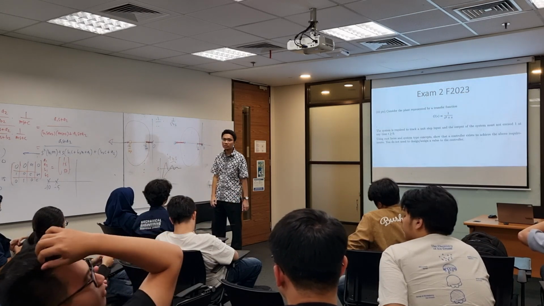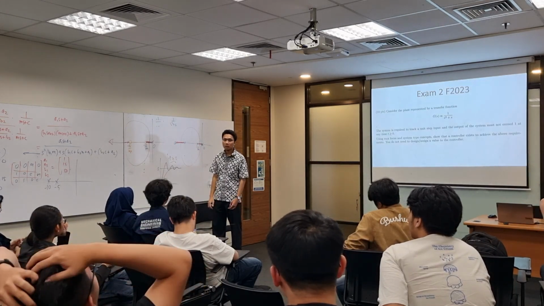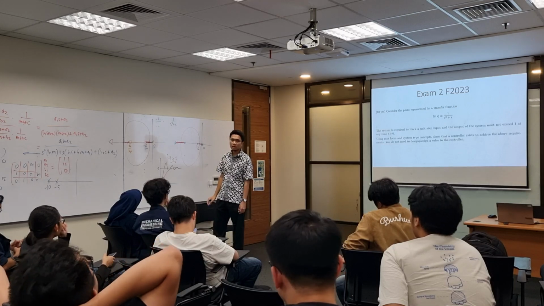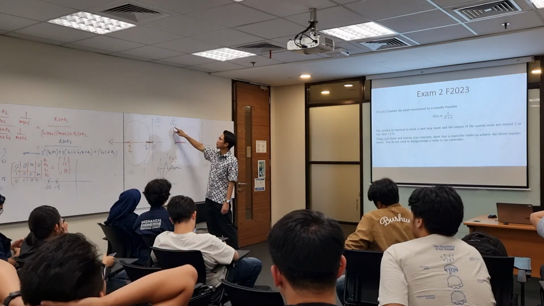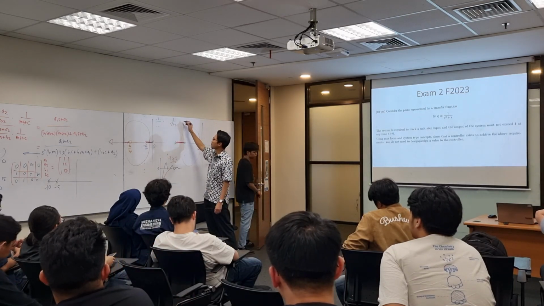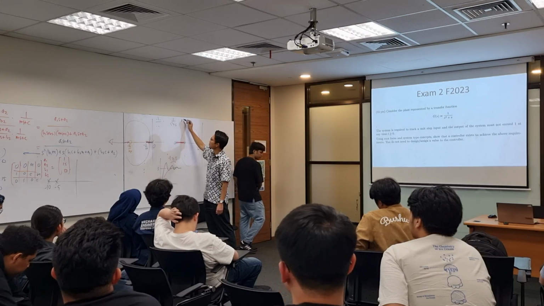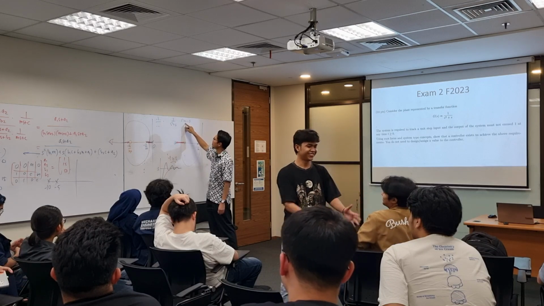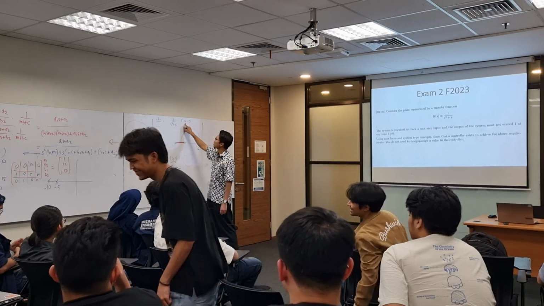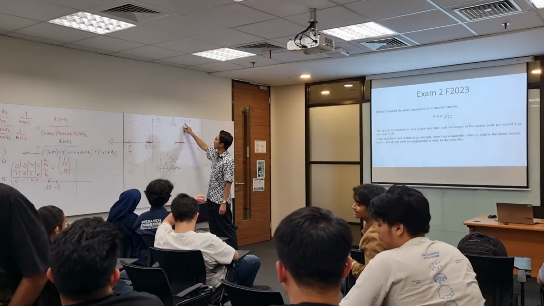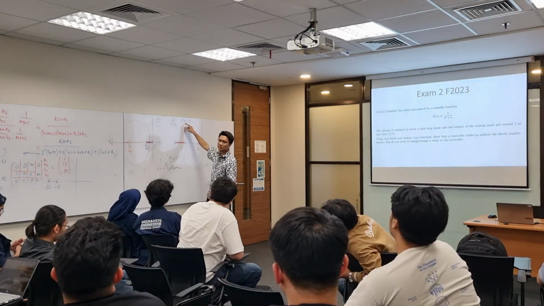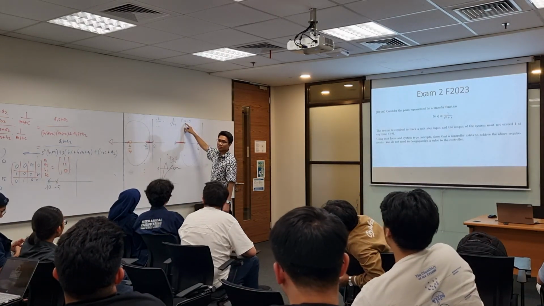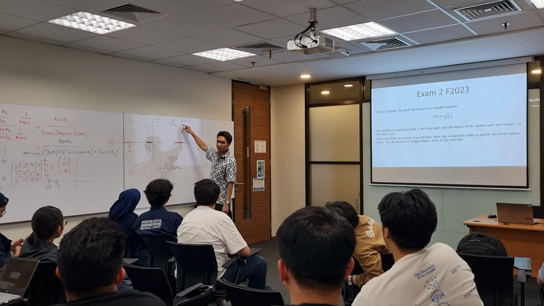How many zeros? None. Where is the pole location? 0 and minus 1.